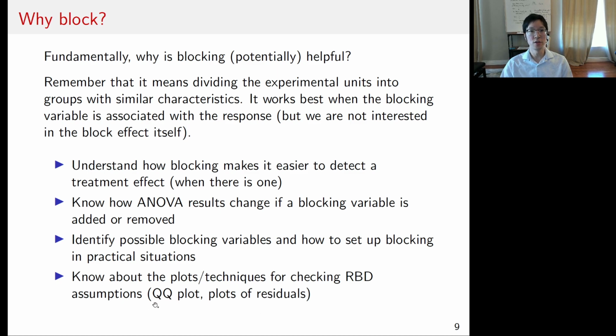We can do things like a normal QQ plot to ask whether the residuals, in other words the r_ij's, roughly follow a normal distribution. So that's a QQ plot, and then you can also, much like in regression, make plots of the residuals themselves to see that they're roughly symmetric around 0 and normally distributed.